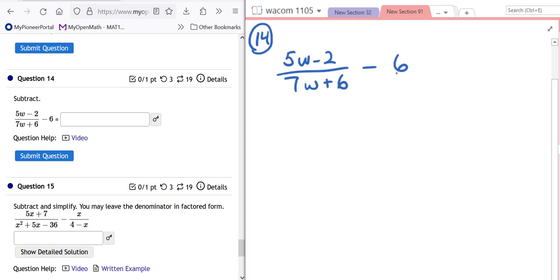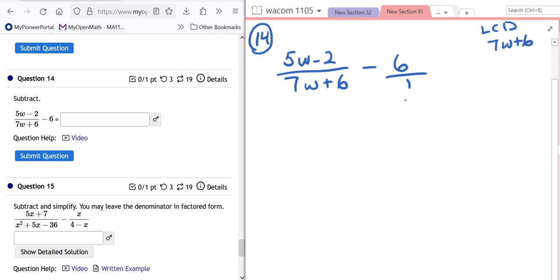All right, so if you have some fractions that you're adding and you have some that are whole numbers, what I would do is I would make that 6 look like a fraction, and I would put it over 1. So your common denominator here is going to be 7w plus 6. So first one is good.